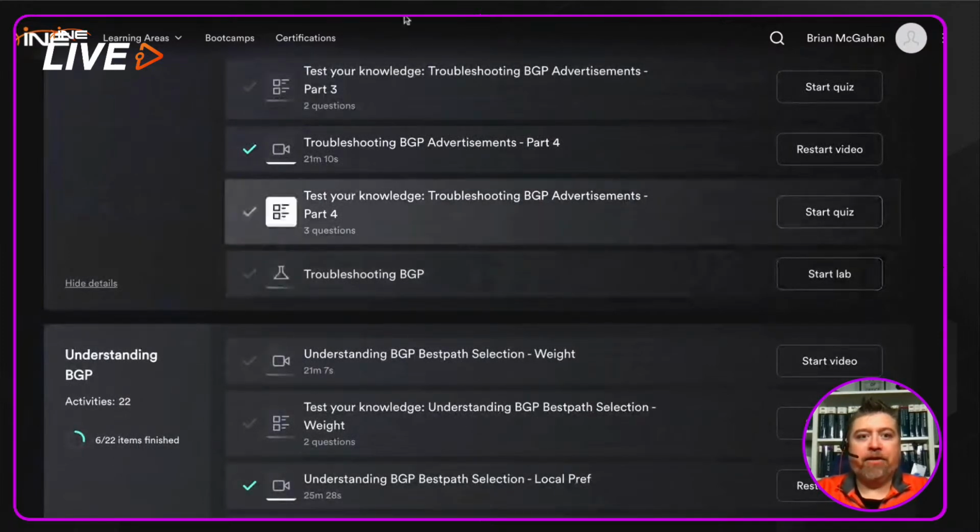So short answer is yes, we have lots of labs that are currently available for CCI Enterprise, and we're going to be releasing them for the rest of the verticals. We're integrating them for the rest of the verticals as quickly as we can in terms of security, in terms of collaboration, and then others like service provider. Those are all getting revisited to add labs to those particular topic areas.